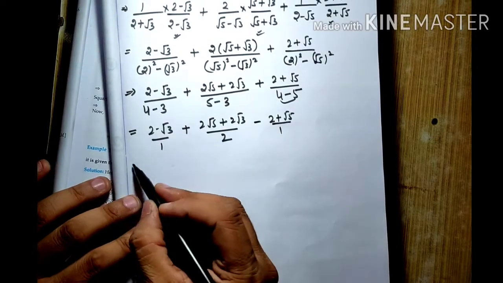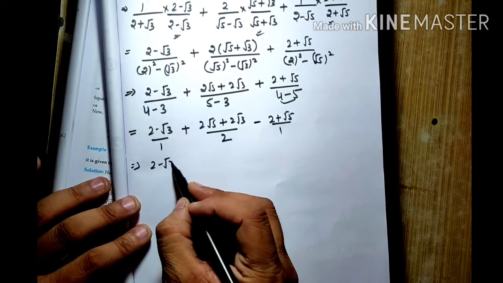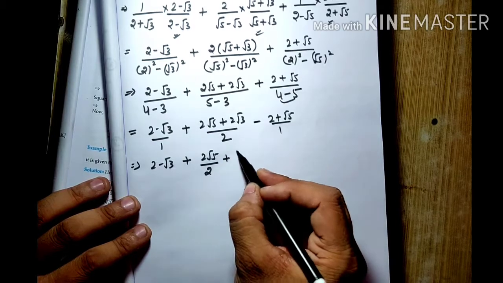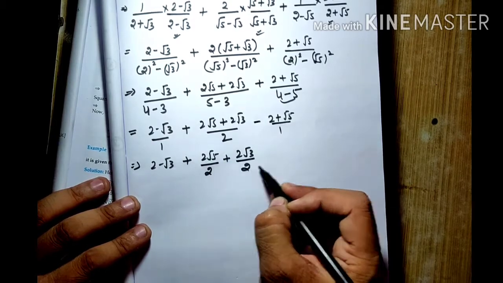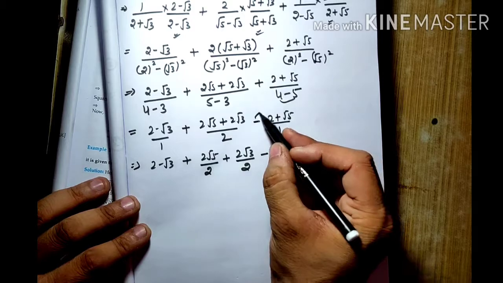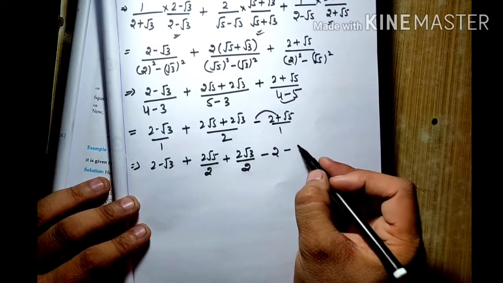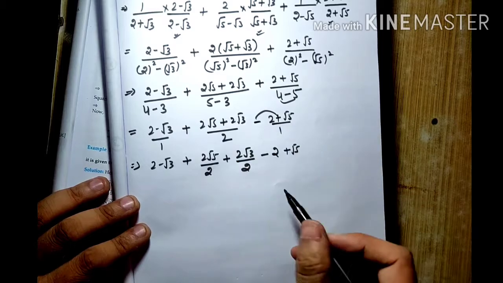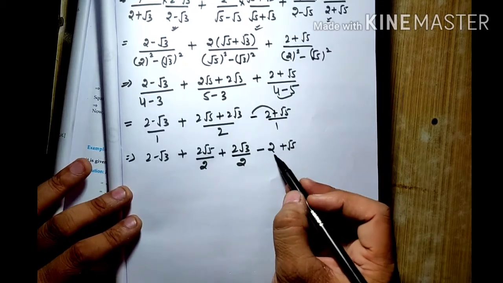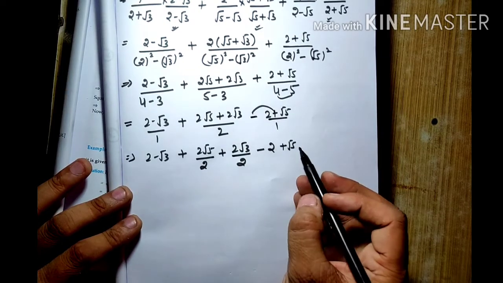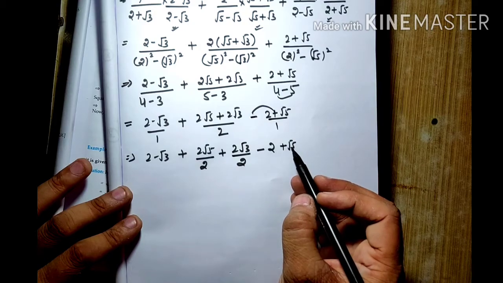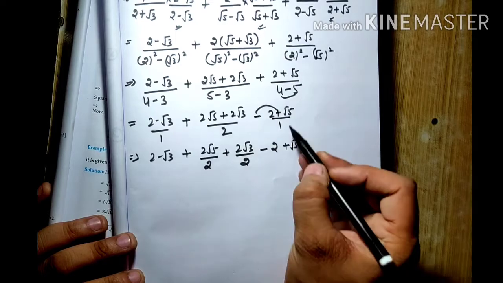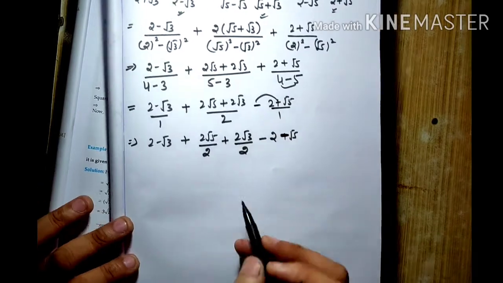Now we can separate divide, student. 2 minus root 3, and here 2 root 5 by 2, 2 root 3 by 2, and minus 2 and minus plus minus 2 plus root 5, like this only. Minus plus will be minus.